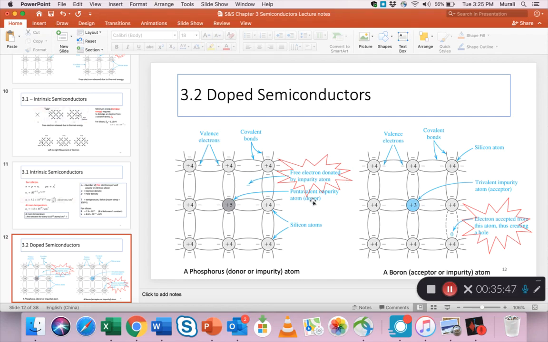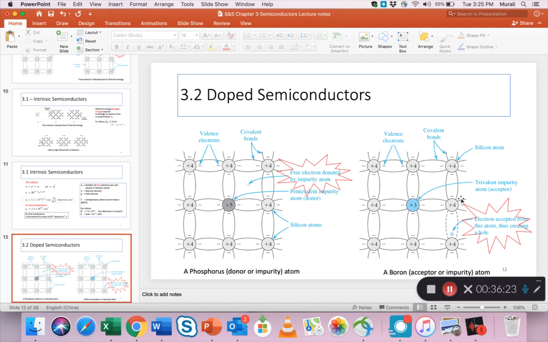So, if you bring in something like phosphorus, which is another element, and it happens to have 5 valence electrons, and it gets embedded into the atomic structure, then such a doping is called a donor doping. That means it's donating an electron because it has 5.